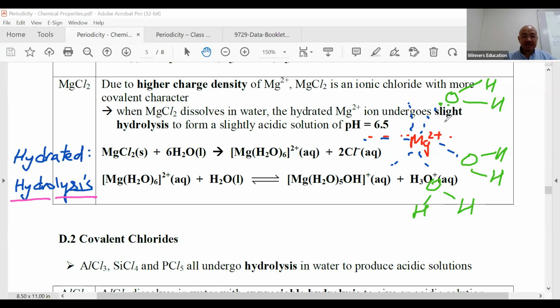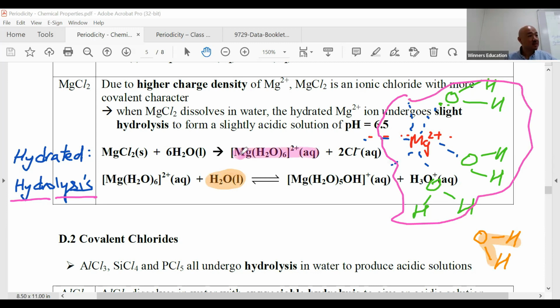Then what happened is there is a water molecule that comes here. Hello, I am water. This is the one. You know that hydrated ion over here, what is it working as? It's acid-base.